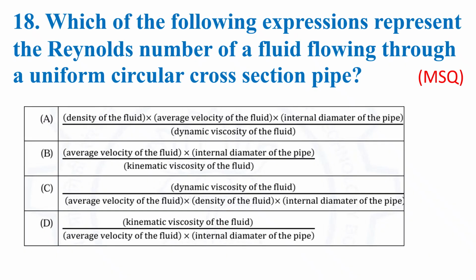So for a fluid flowing through a uniform circular pipe, Reynolds number is equal to inertial force by viscous force.